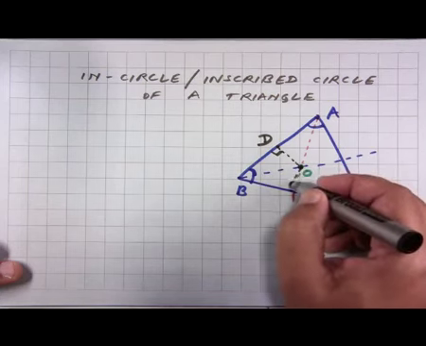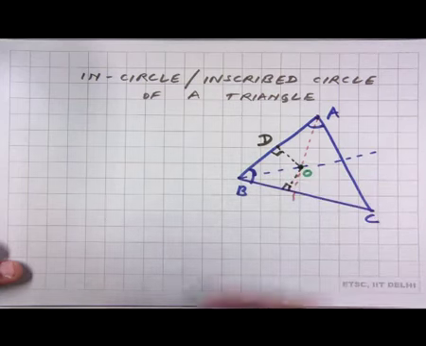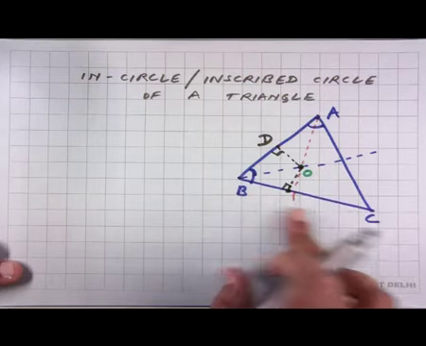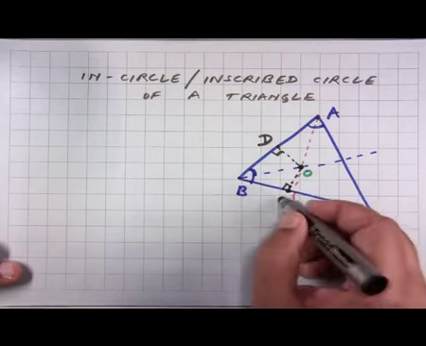So, this is the other perpendicular, and I will call the point where it intersects the line BC the point E.